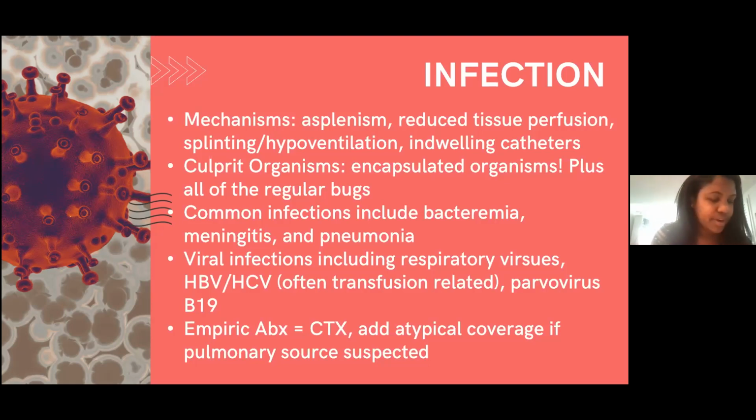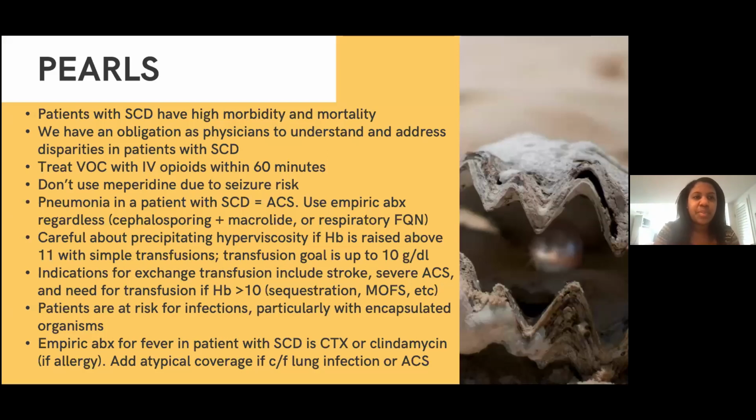Questions about infection? I think we're nearing the end of our time shortly here. All right. So just a couple of pearls and takeaways from this talk. One, patients with sickle cell disease have a high morbidity and mortality. We have an obligation as physicians to understand and address racial disparities in patients with sickle cell disease.